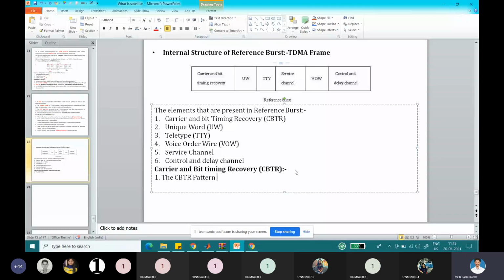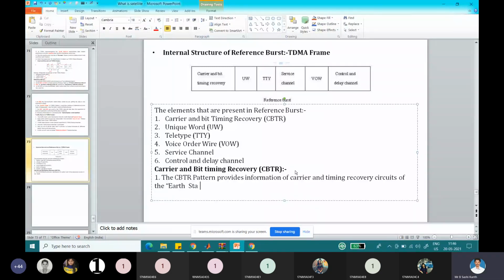That CBTR pattern provides information of the carrier and timing recovery circuits of the earth station.